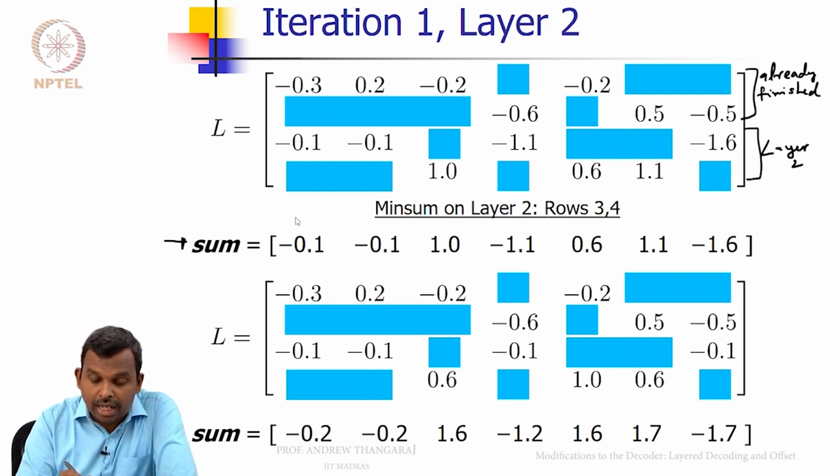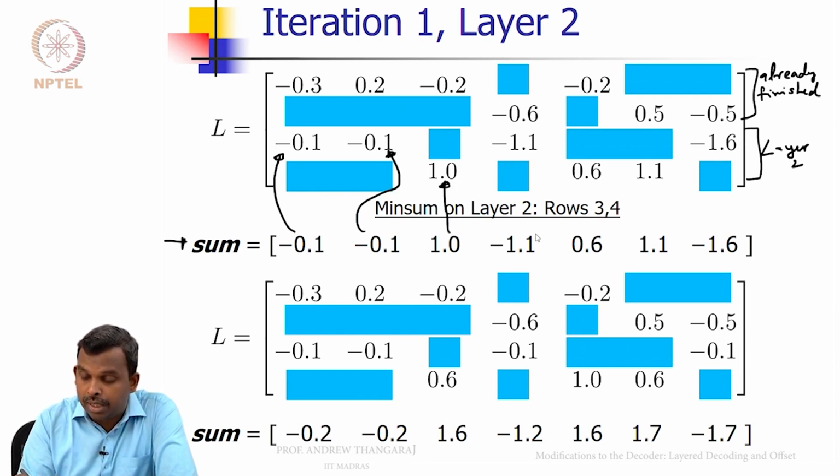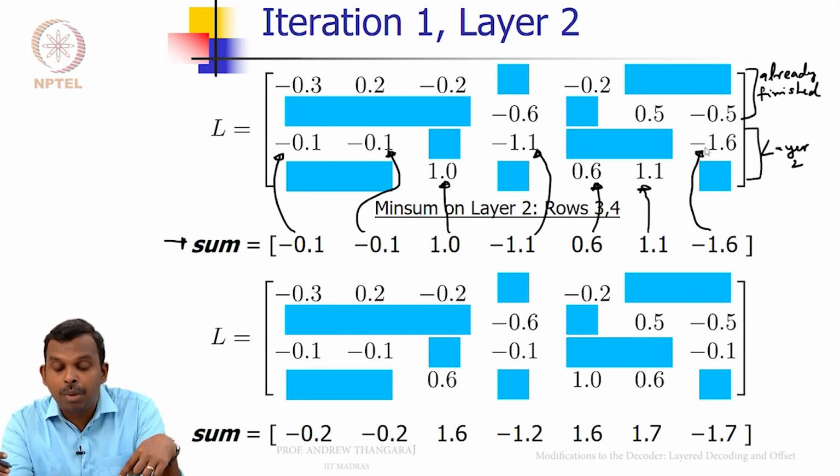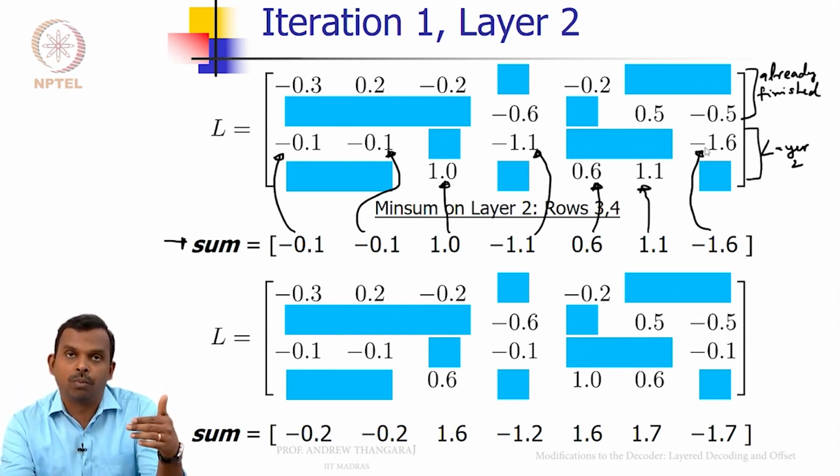What do we do in layer 2? In layer 2 we initialize. Notice this minus 0.1 goes here, this goes here, this minus 1.1 goes there, 0.6 goes here, 1.1 goes here, minus 1.6 goes here. It is almost as if the sum became the received vector for layer 2. We had a received vector and we processed layer 1.